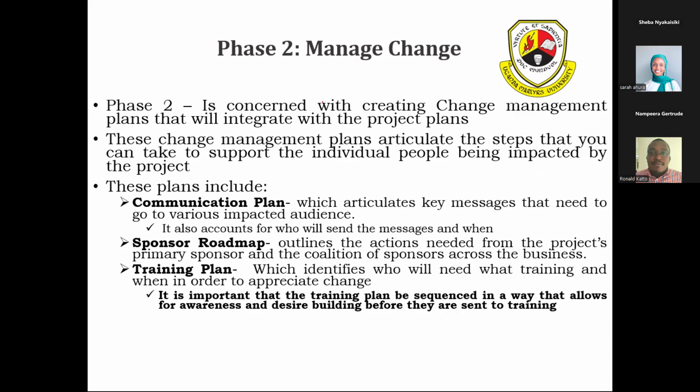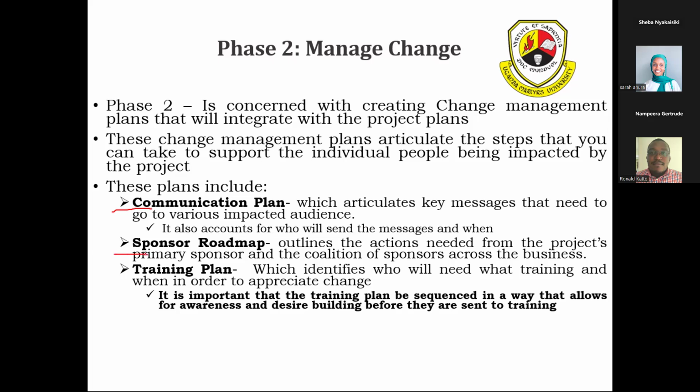Phase 2 is concerned with creating the change management plans. So here you're looking at the communication plan. What message are we going to communicate, and how can we communicate it in an articulate manner? Here we are looking at what message we are sending across.